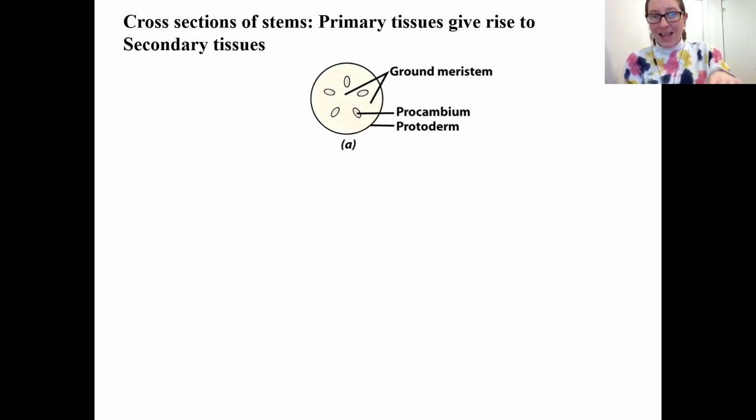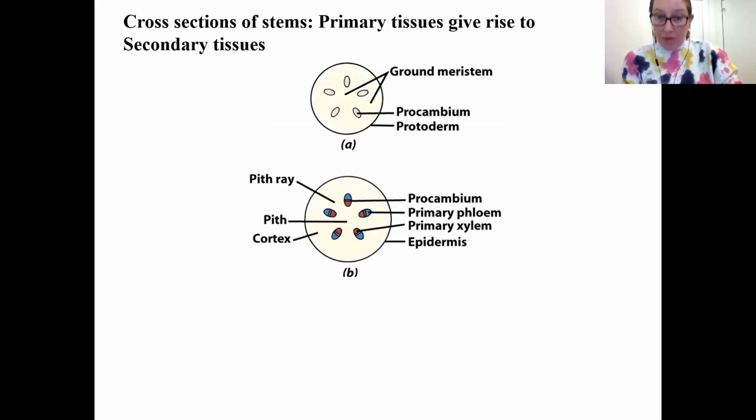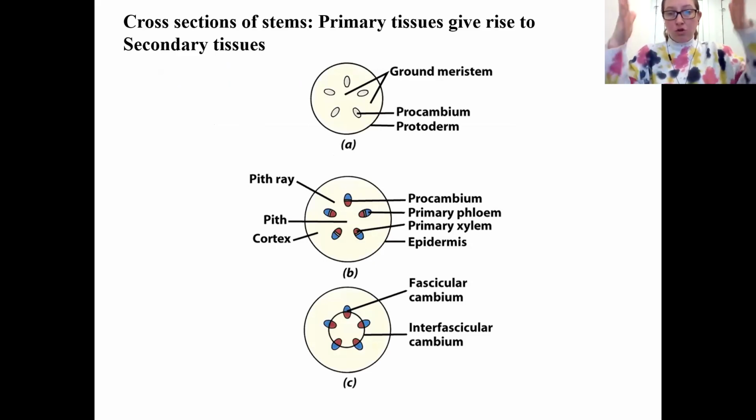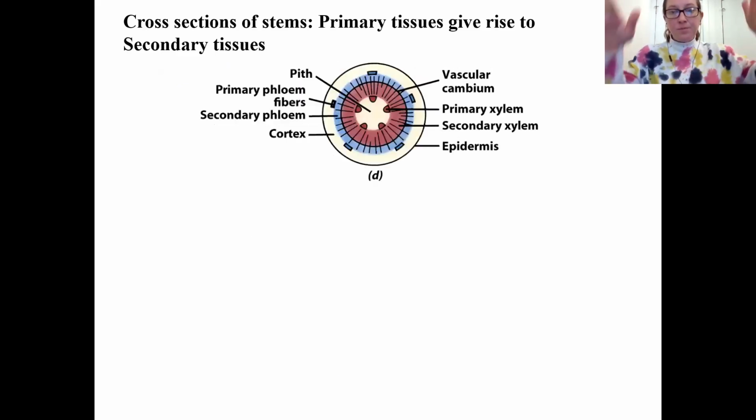This here in A only shows you primary meristems. This here in B shows you some primary meristems and also some primary tissues. This here in C, don't worry about those terms, is that transition point where, in this part of this plant, we're transitioning from primary to secondary.